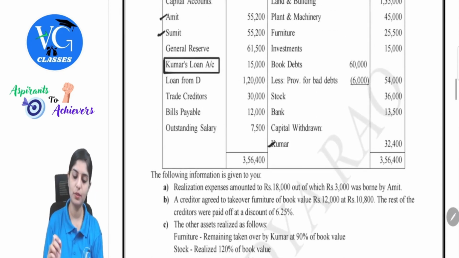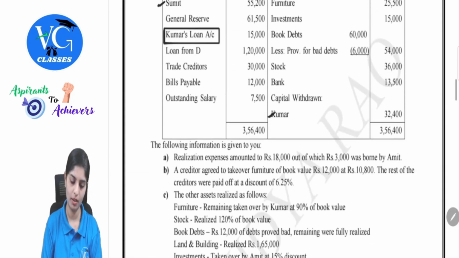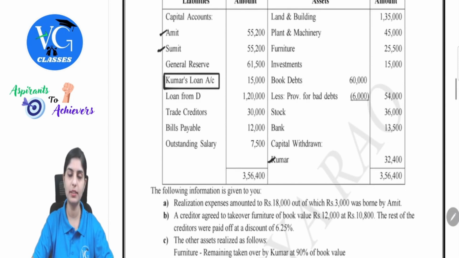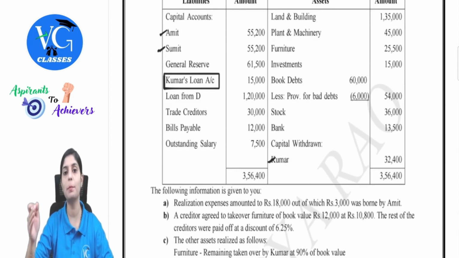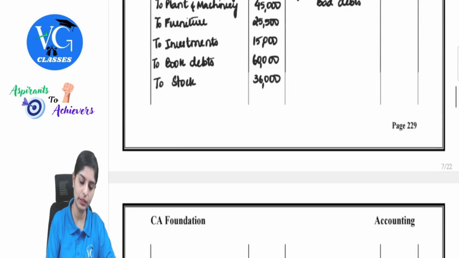Then we have stock 36,000. Later we have bank. Remember, this will not be transferred to realization. We have opened a separate account, so we will take up the balance there. Bank, to balance brought down 13,500.